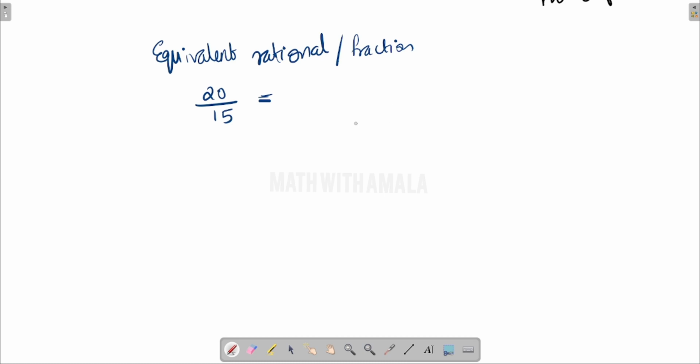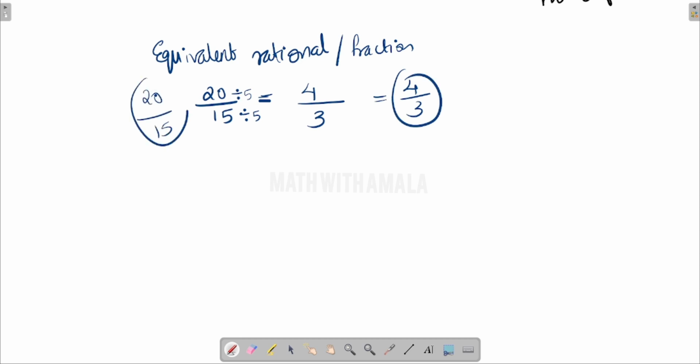We have to make it into its standard form by dividing by the common factor. The common factor here is 5, isn't it? So 20 by 5 is 4 and 15 by 5 is 3. So you will get 4 by 3, and 20 by 15 and 4 by 3 are equivalent rational numbers. So 20 by 15 is equal to 4 by 3.